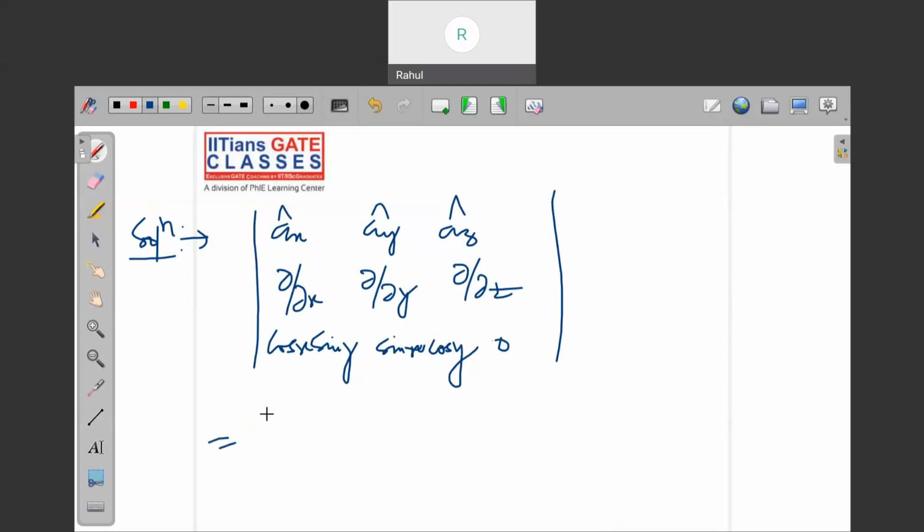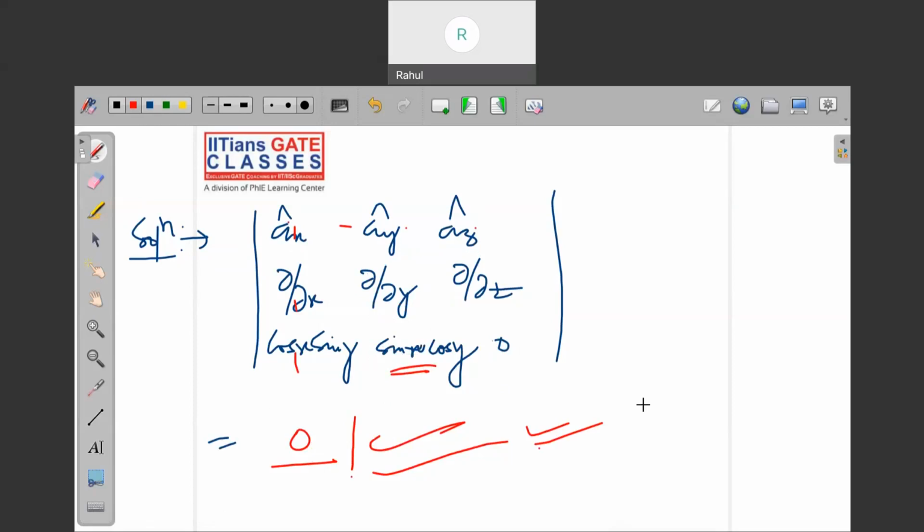The moment you find the determinant, differentiate, and there is no z term, so it will be 0. Overall the curl will be 0. This is how we compute the curl.